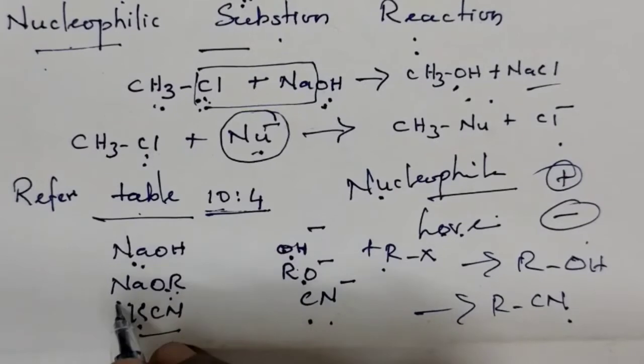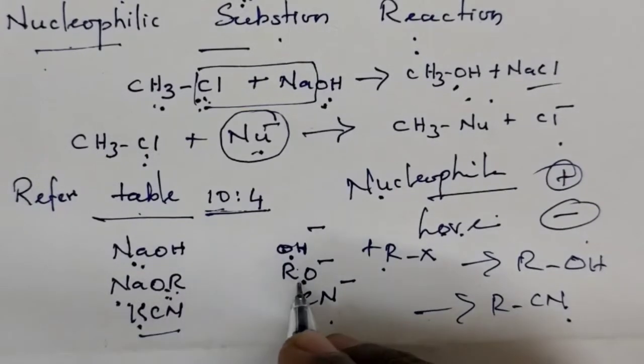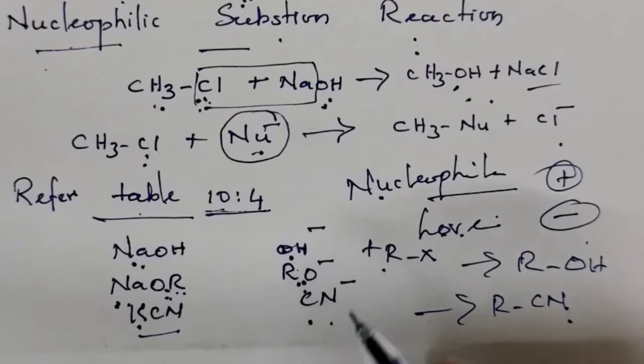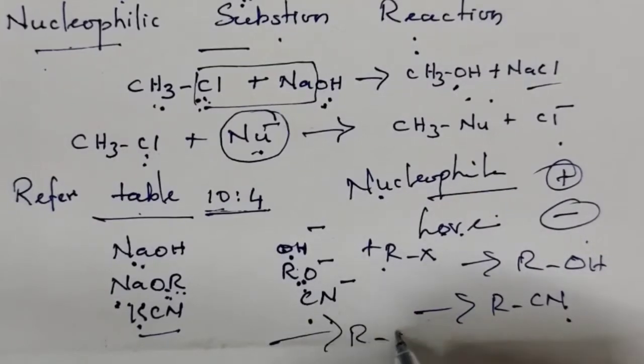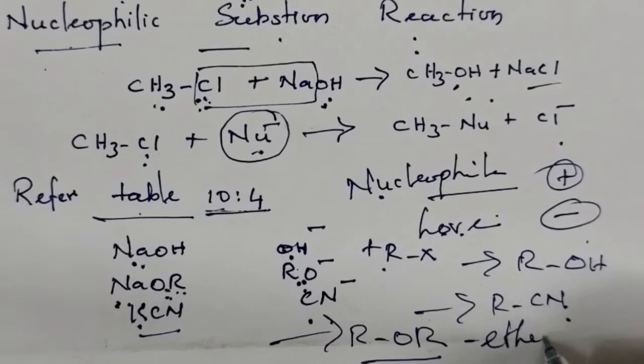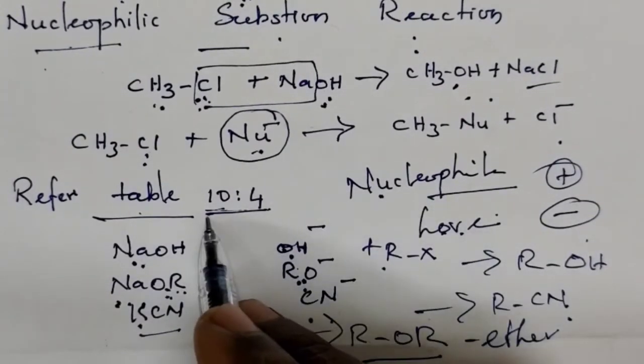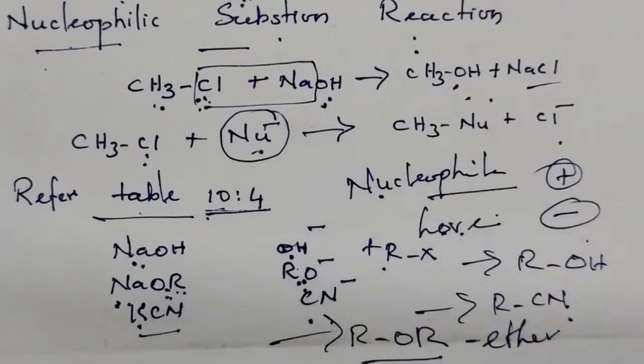Suppose we take NaOR as the reagent, the nucleophile coming out is RO minus, alkoxide ion. This is sodium alkoxide, and this is alkoxide ion. So the product we get is ROR, which is called ether. If you refer to table 10.4, you can see all these things.